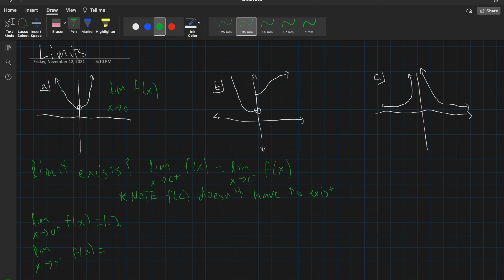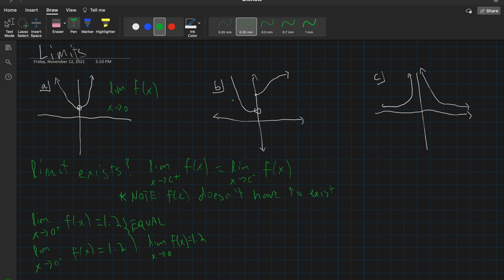So approaching from the left-hand side, it also appears that our function is approaching 1.2 as we approach 0 from the left-hand side. And since our left-hand side and right-hand side agree, so equal, that means that we can conclude that the limit as x approaches 0 of f of x exists, and it's equal to 1.2.